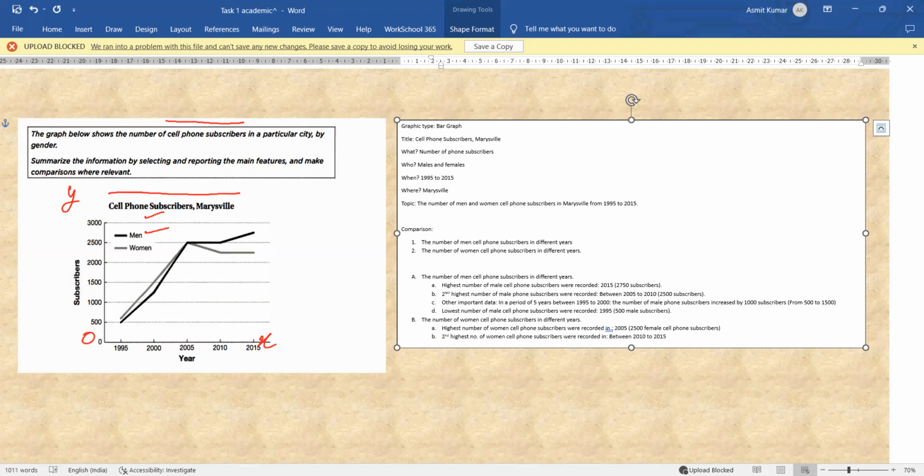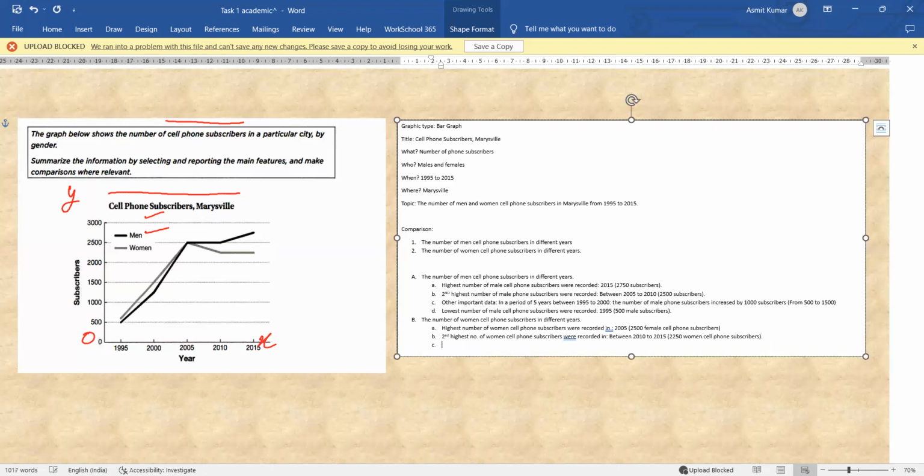Okay, and here there were around 2,250 women cell phone subscribers. So that we have written here about second highest.